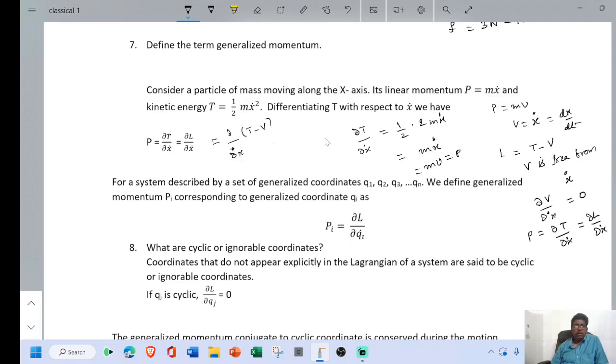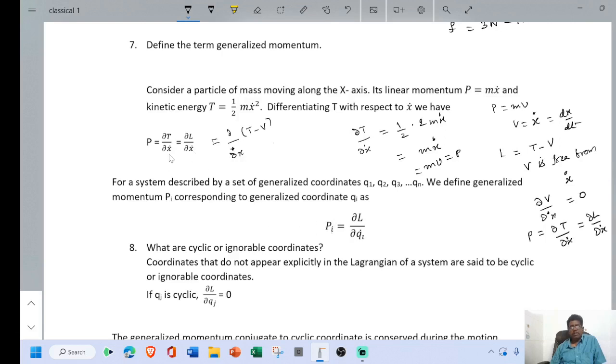In this way, we have arrived at this relation. For a system described by a set of generalized coordinates q1, q2, q3, ..., qn, we define the generalized momentum pi corresponding to generalized coordinate qi as follows. Here replace x dot by q dot.